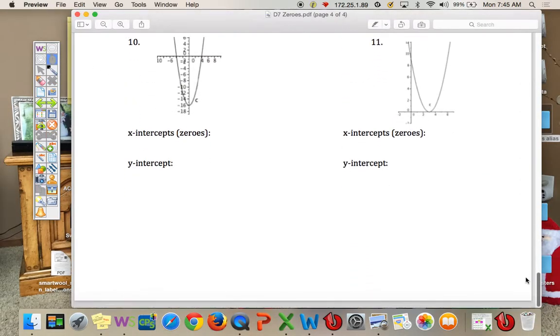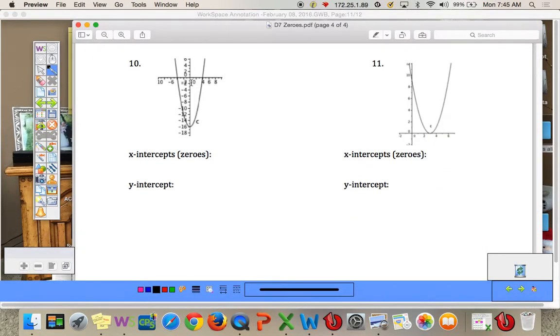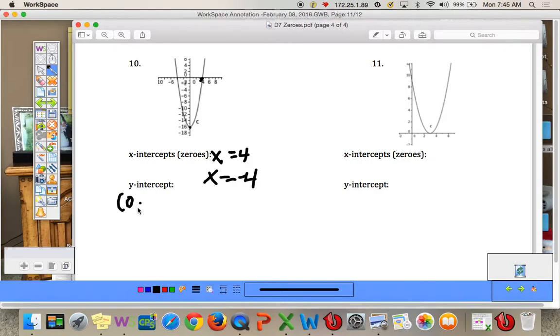Okay, let's try a few more, and this is what you'll practice today. So first of all, x-intercepts here, it looks like they're at 4 and at 1, 2, 3, 4, negative 4. The y-intercept is 0, negative 16. Let's write the equation.